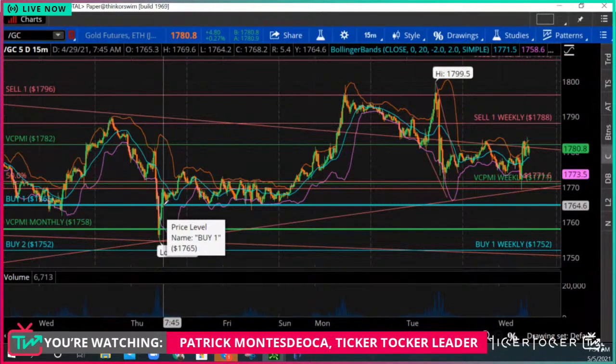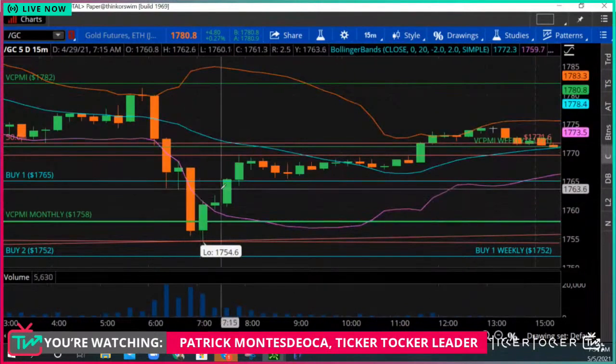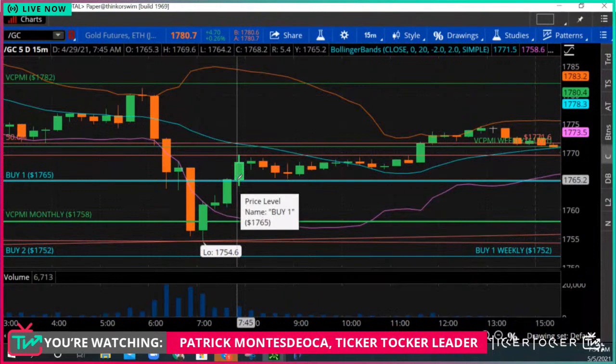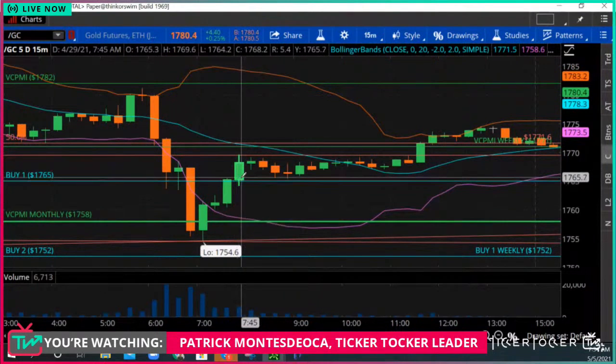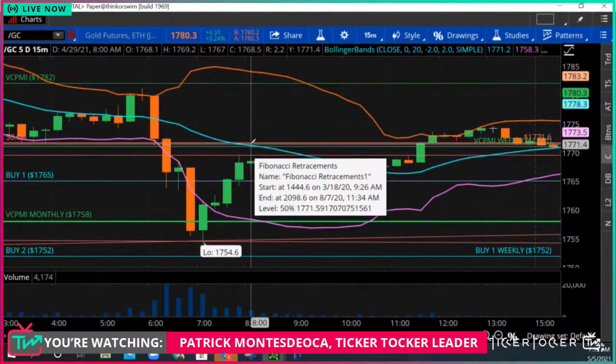It activated a buy trigger from buy one on the 29th at 7:45 a.m. And this signal here, for example, activated a buy signal, and automatically the target above was also activated.